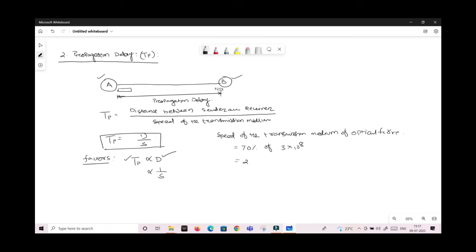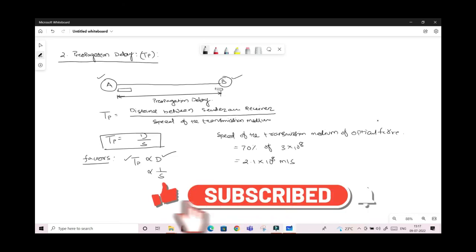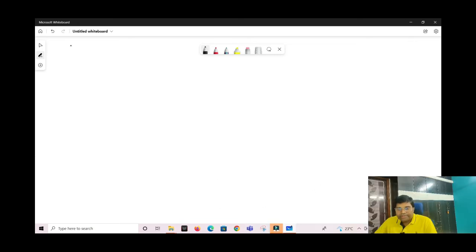So this is 2.1 into 10 to the power 8 meter per second. This is the speed of the transmission medium of the optical fiber. Okay, so let's discuss some examples to understand propagation delay a little bit more.